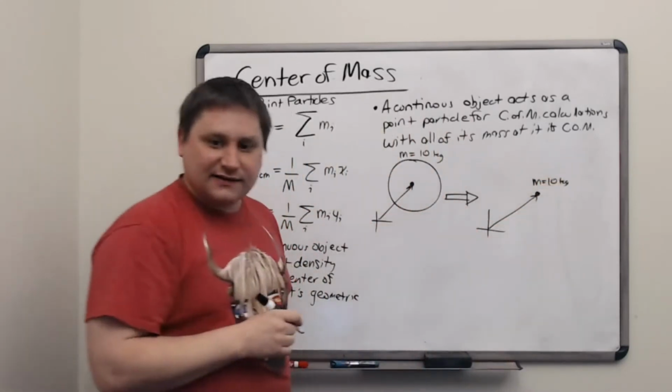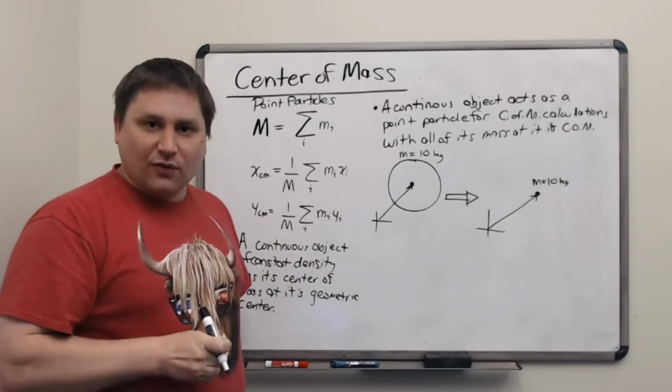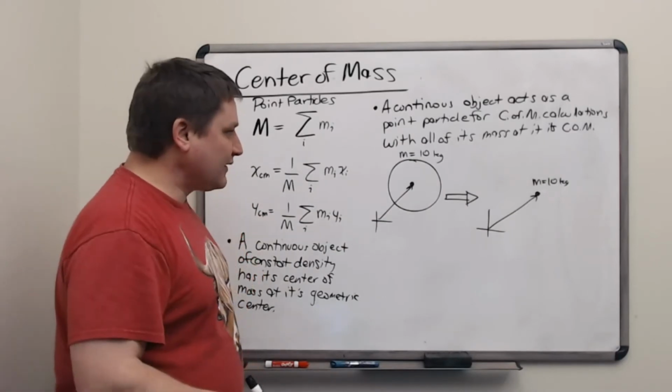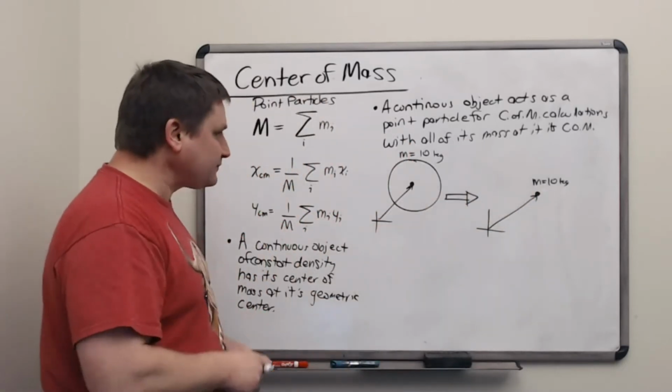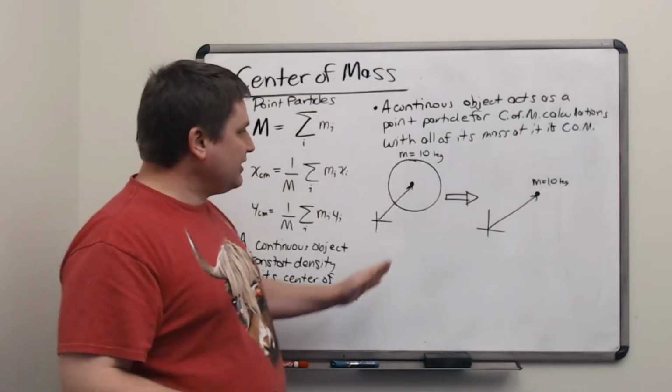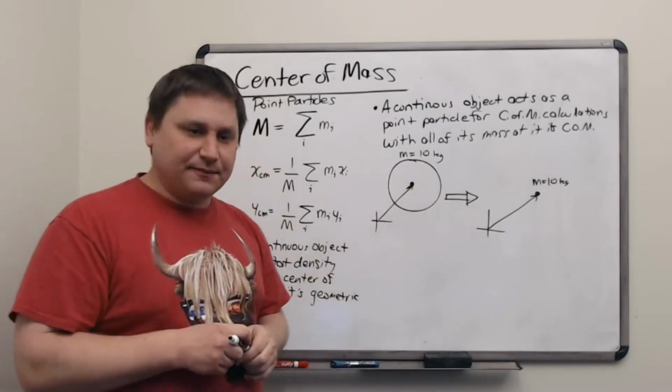So the size and extent of the circle don't matter anymore towards its contribution to the overall object. We can reduce a continuous object to a single mass sitting at its center.